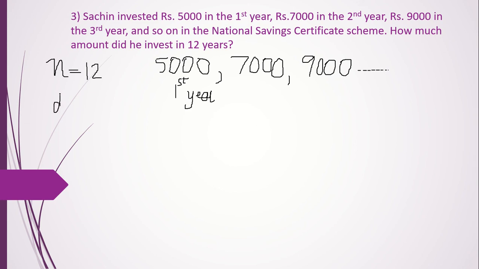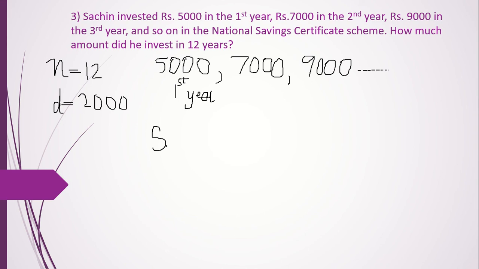So we know d is 2000, right? So how much did he invest in 12 years? We have to find the sum of all these numbers for 12 years. 1, 2, 3, 4, 5, like that, 12 numbers, a series of 12 numbers. You have to add that series.